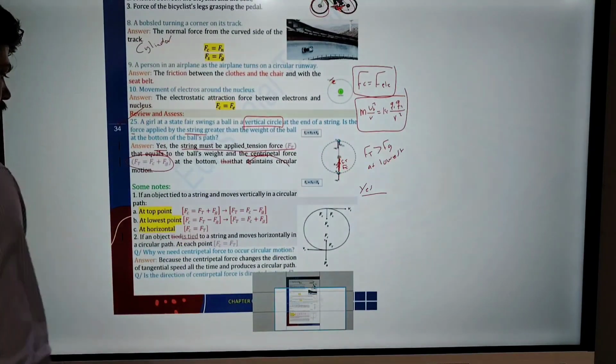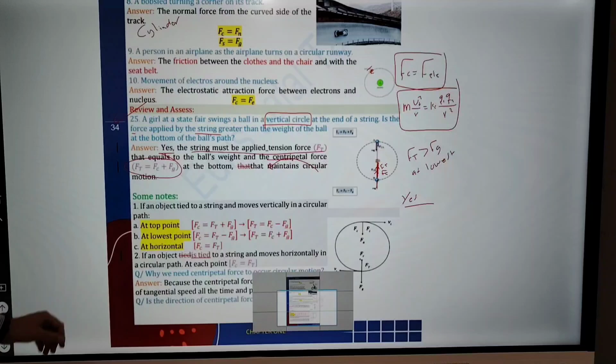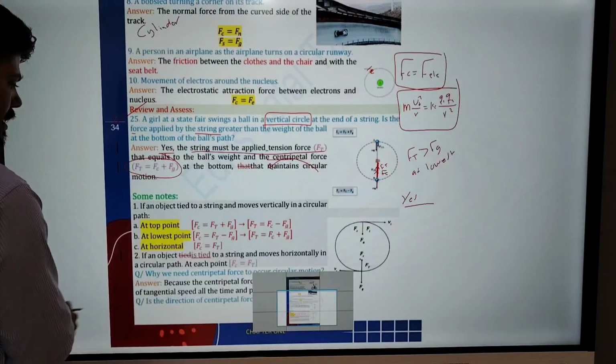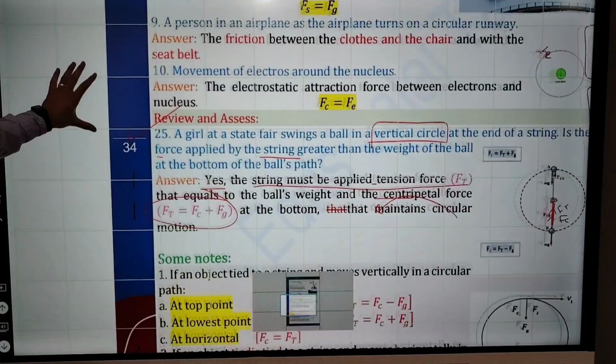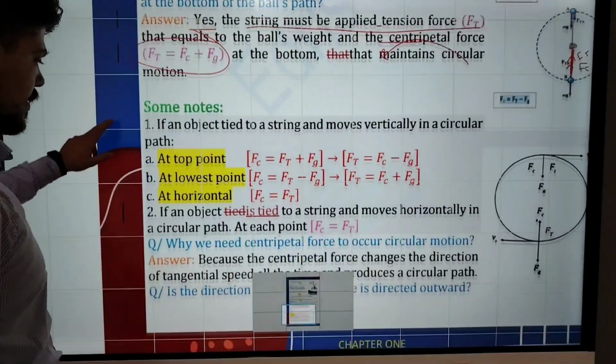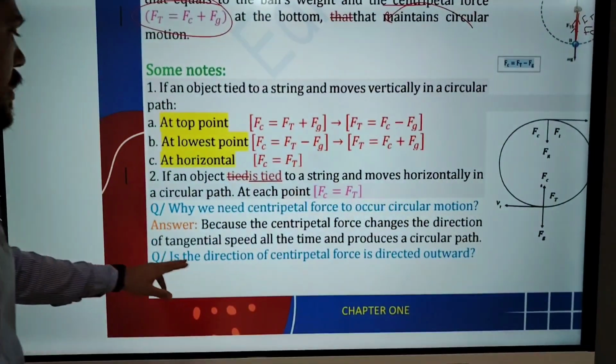Okay? If an object is tied to a string and moves in a horizontal circular path, at each point Fc is equal to Ft. Okay? Why do we need centripetal force for circular motion?